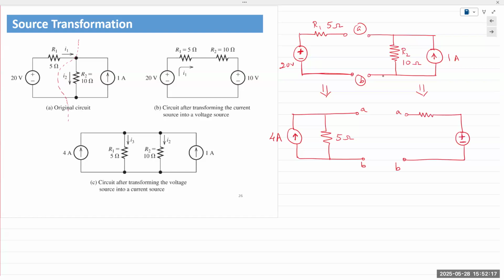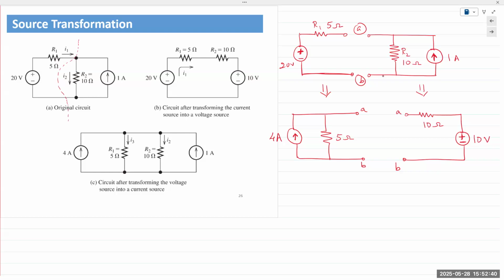If the current is going upwards, then the arrowhead is plus and the tail is minus. And so for this voltage source, the answer is 10 volts, plus at the top, minus at the bottom. And that's how we can transform a voltage source and a current source into each other.